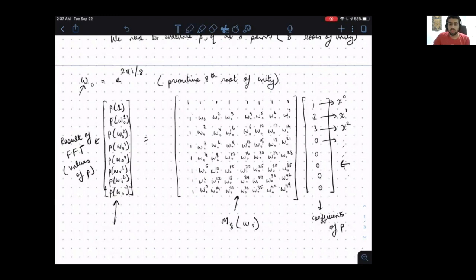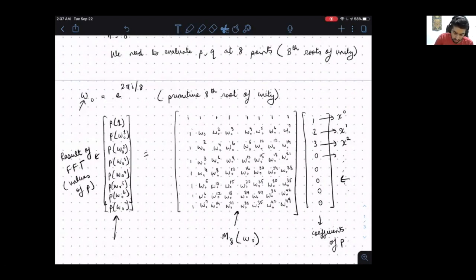Okay, so I've written out the matrix, which we call a Vandermonde matrix, and let's take a second to convince ourselves that this matrix reformulation is actually doing what we expect it to do, which is evaluating the polynomial p at these 8 different points. So let's see.